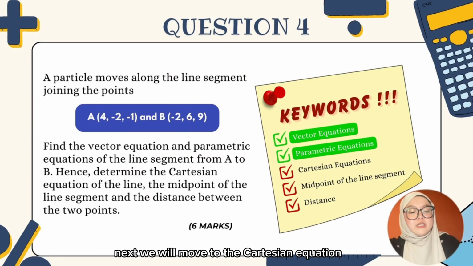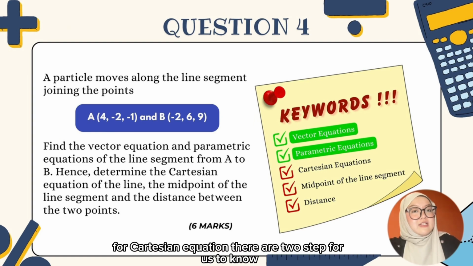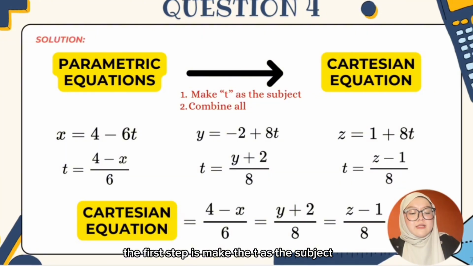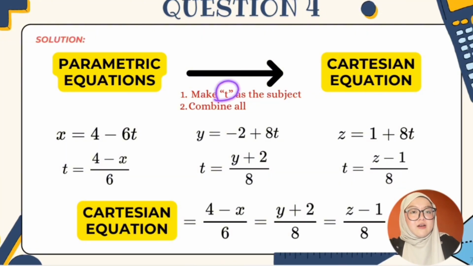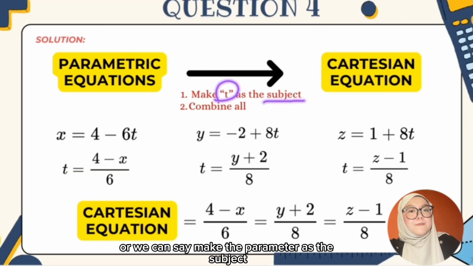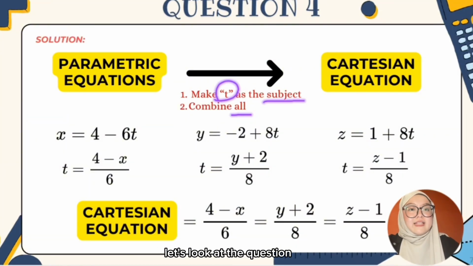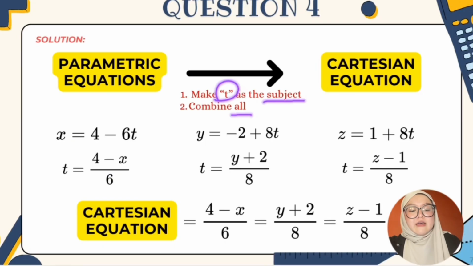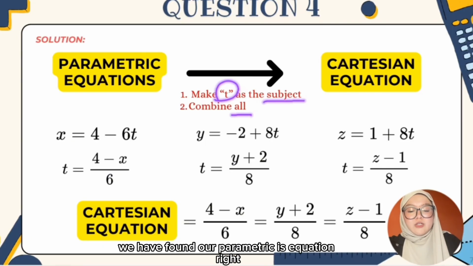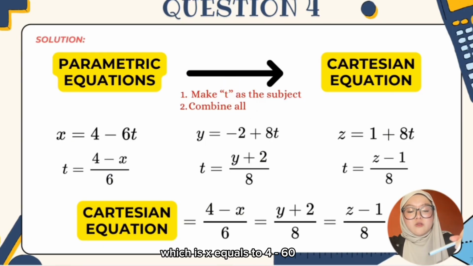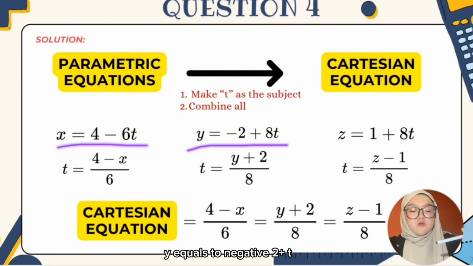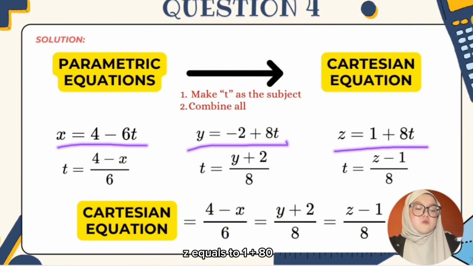Next, we will move to the Cartesian equation. For the Cartesian equation, there are two steps for us to know. The first step is to make t the subject, or we can say make the parameter the subject. And then, we need to combine all of it in one equation. To understand further, let's look at the question. We have found our parametric equation, right? Which is x equals 4 minus 6t, y equals negative 2 plus 8t, z equals 1 plus 8t.